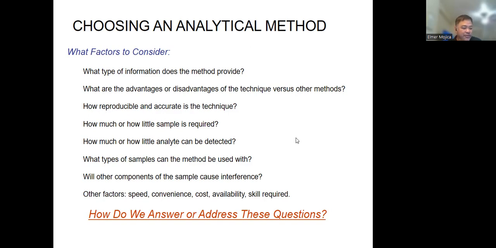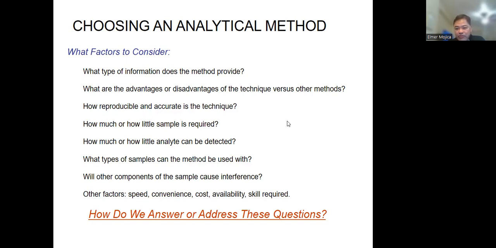So how sure are you that whatever you get, okay, is the right result? And then how much or how little sample is required? So if the method is sensitive enough, you just need little sample. But if it's not, you need a little bit more. Okay? Or how much or how little analyte can be detected.